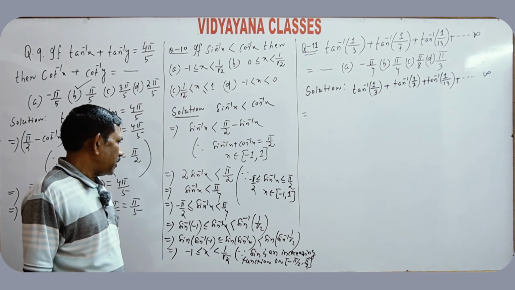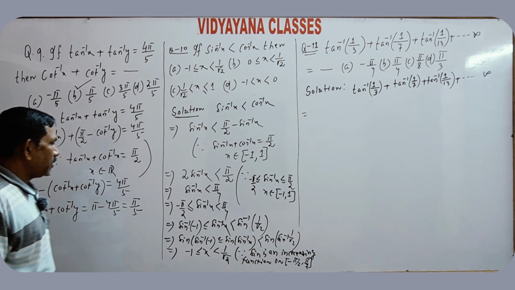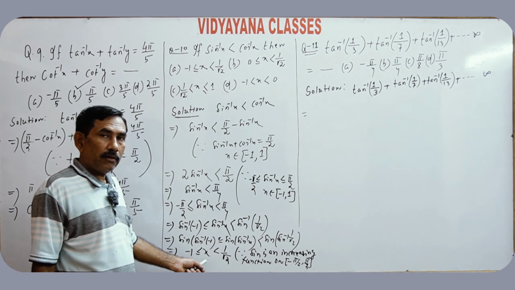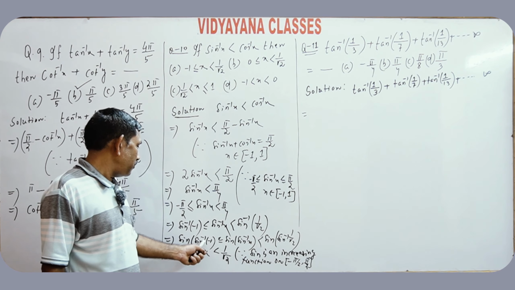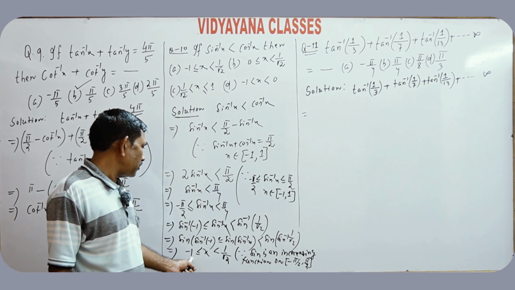And sin is an increasing function. Clear? Sin inverse minus 1 equal to minus 1.